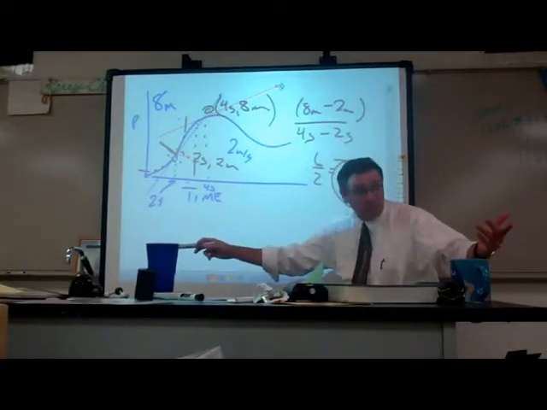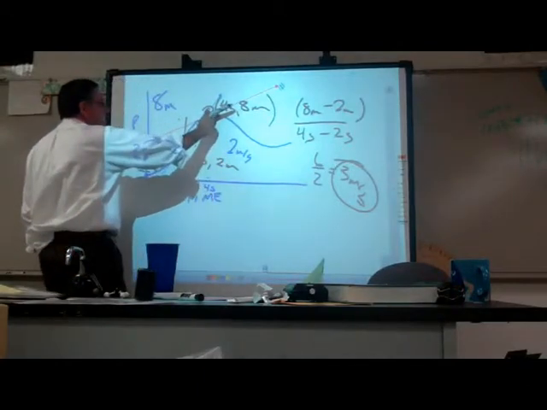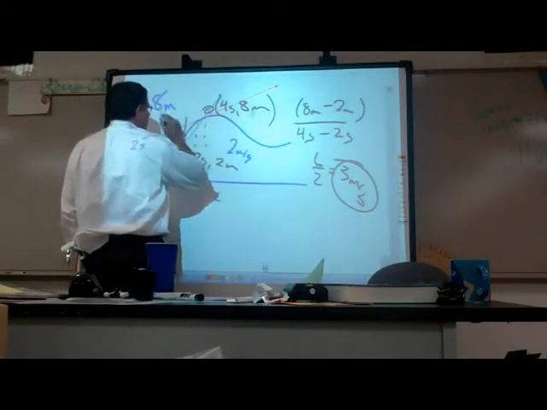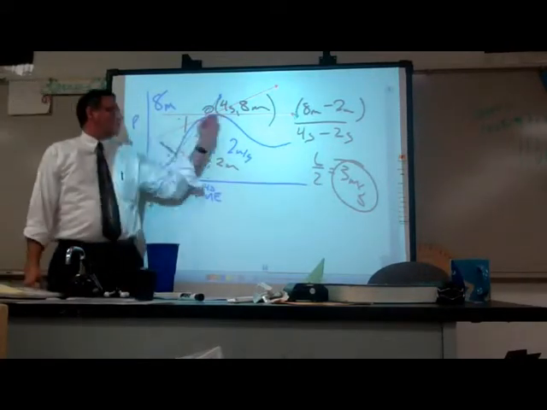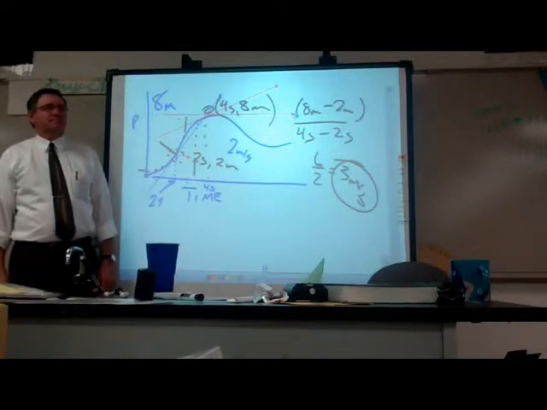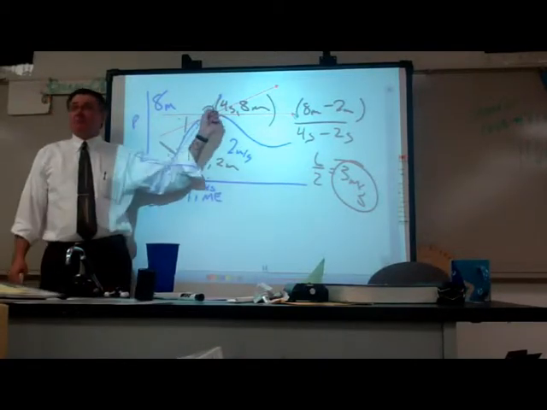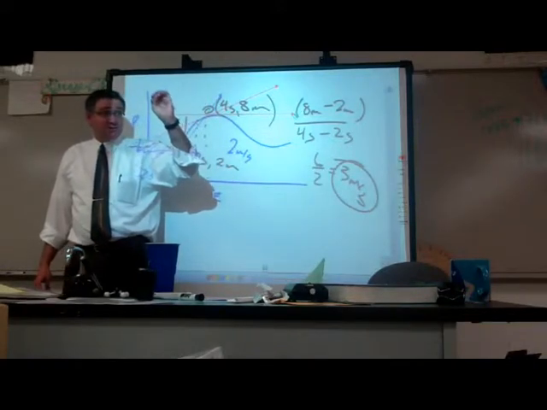Now, Graver, if I were to go to the very top of this peak and draw a tangent line, what do you think the slope of that line is going to be? 0, which means that the object has an instantaneous velocity of 0, right?